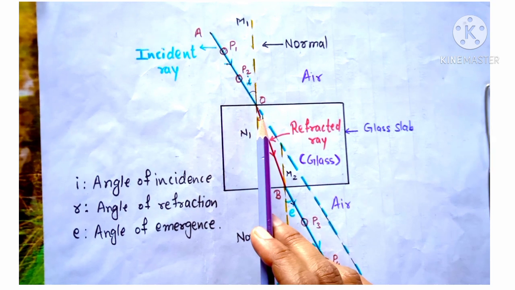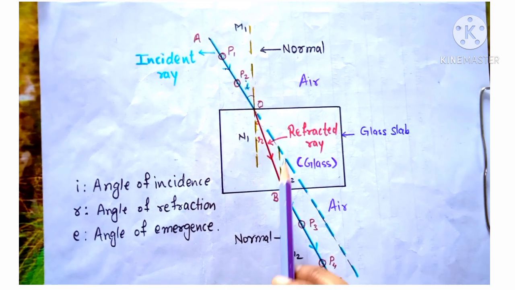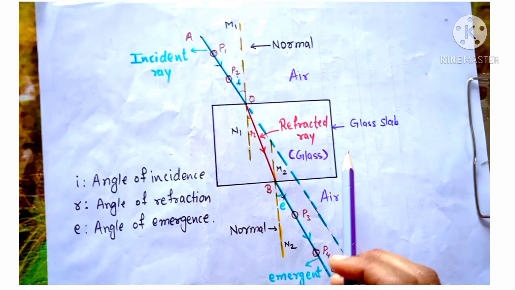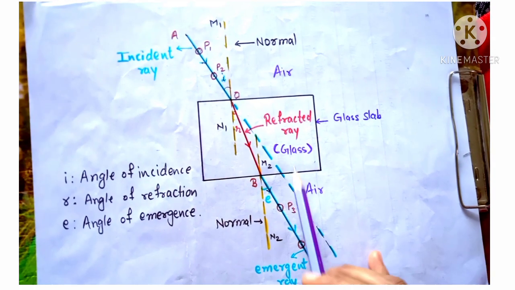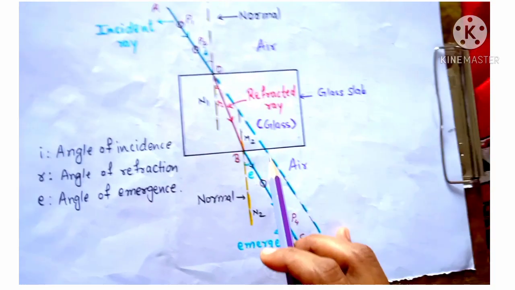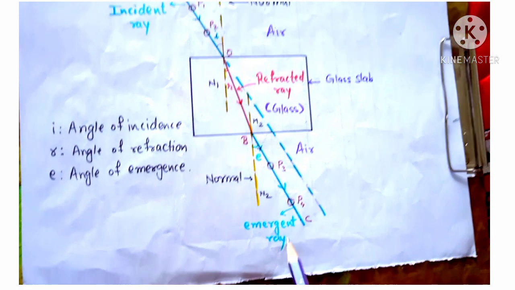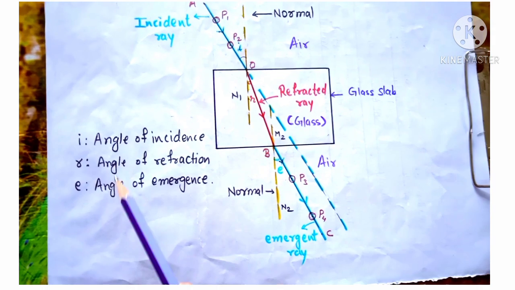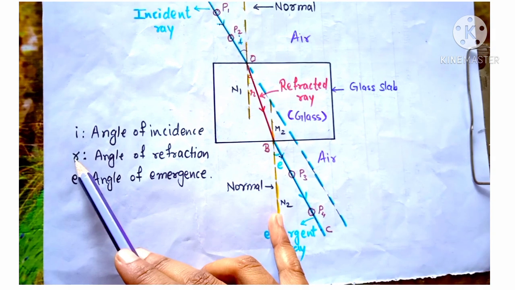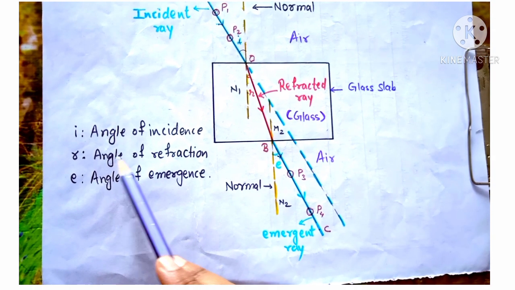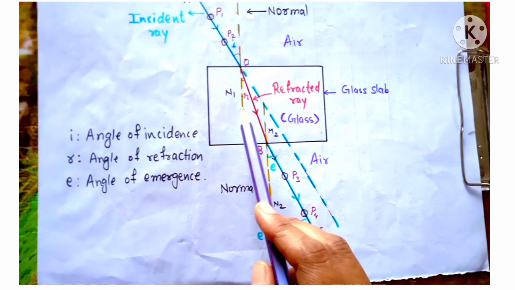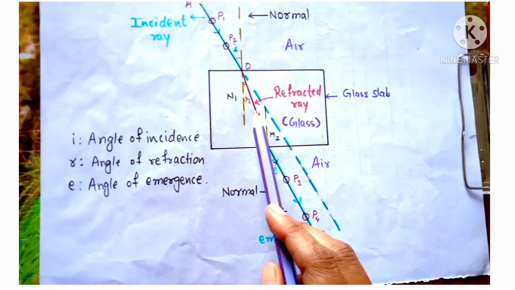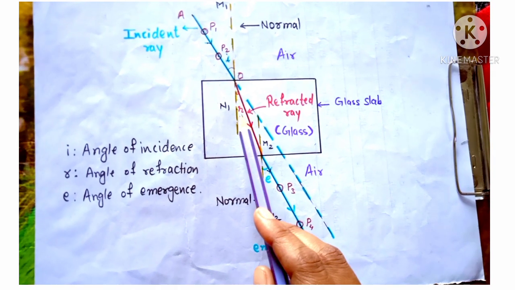This red colored line is the refracted ray. This is a glass slab, and this blue color line is the emergent ray. So now R is the angle of refraction. This is the angle between the normal and the refracted ray in the glass slab.